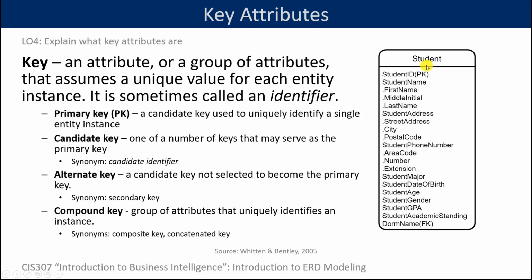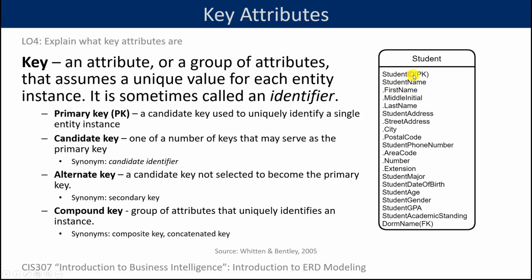For example, in most universities, to uniquely identify students, they use an attribute called student ID. At Murray State, that student ID, we call it M number, right? So we use M number, which is our student ID, to uniquely identify every student that has attended Murray State University. And there can be many candidate keys.